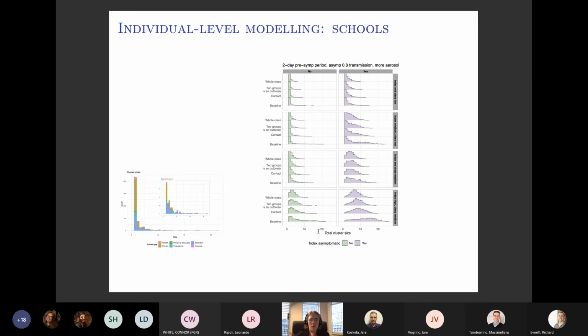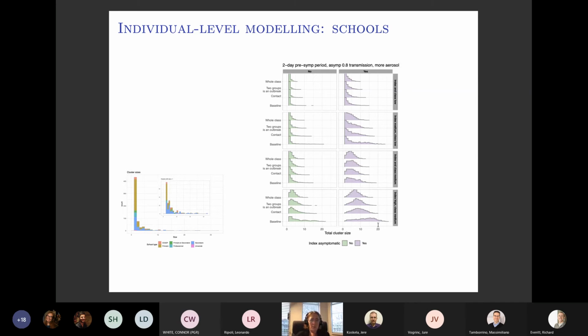And of course, if you vary those things and visualize them in the right way, you can see that the cluster size you get is often small if you're lucky and you have low transmissibility. You get mostly no onward infection, but sometimes a few. And if you're unlucky, you get an asymptomatic index case, purple here, who doesn't show symptoms.